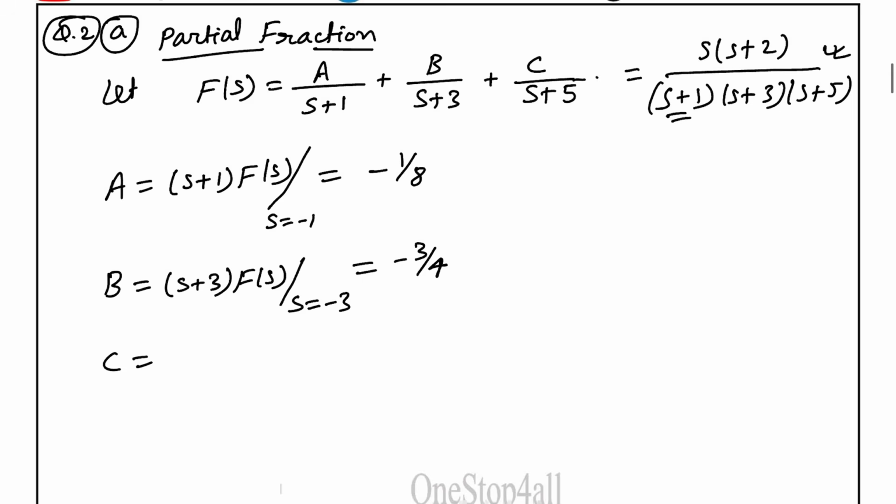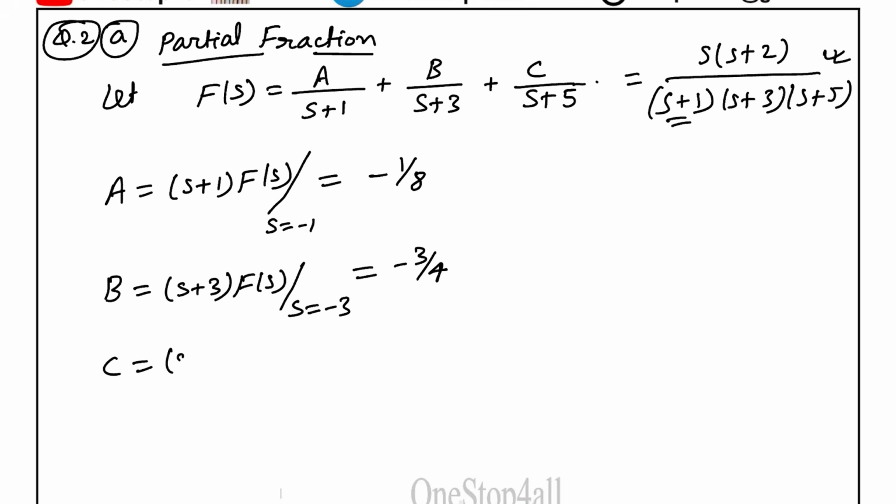C will be (s plus 5) into F(s) at s equal to minus 5. So this will be your 15 by 8. Now these are the values.